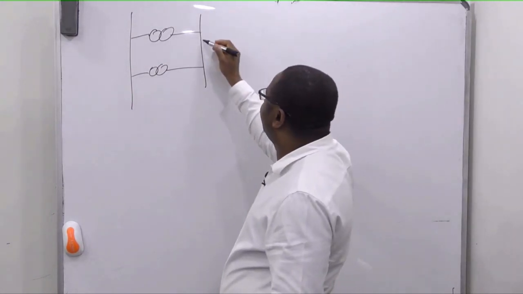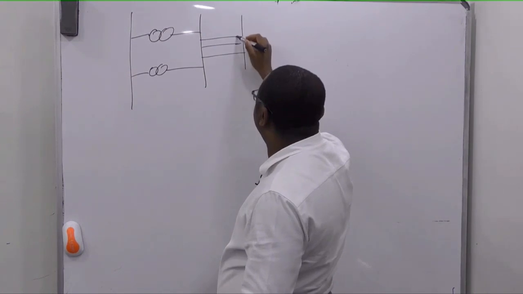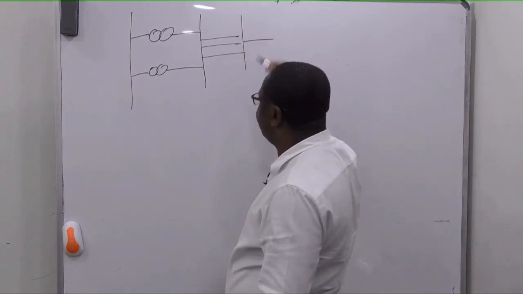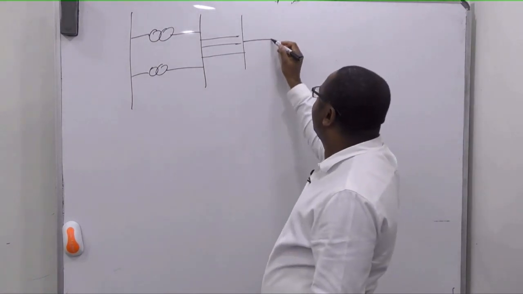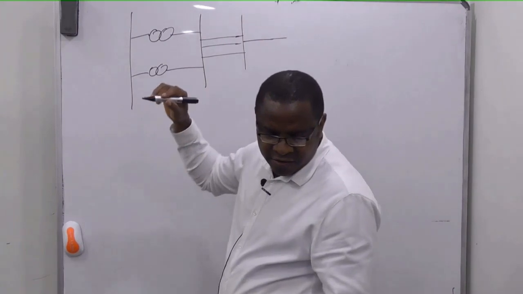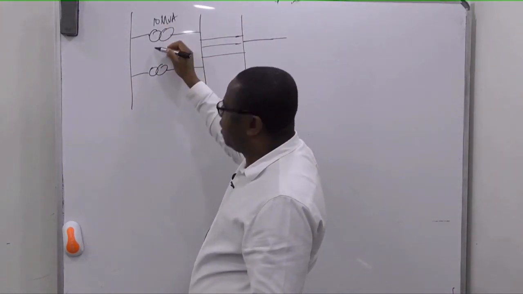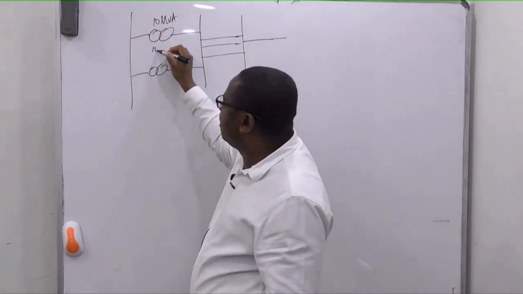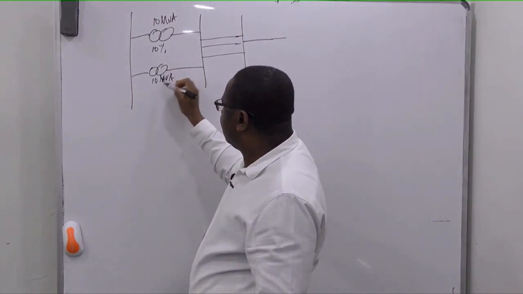Then we have another bus bar here, and then we have this. Each of the transformers is 10 MVA, 10%.